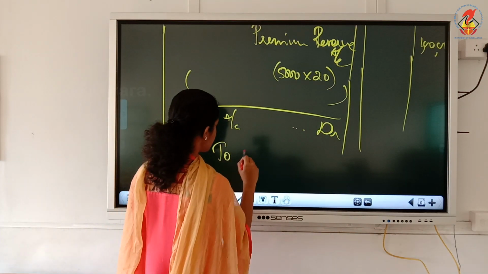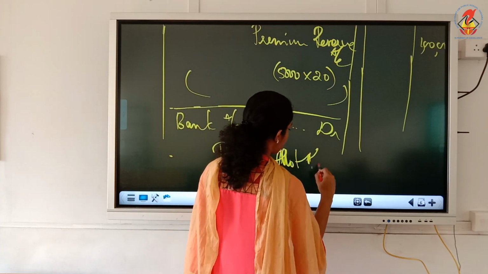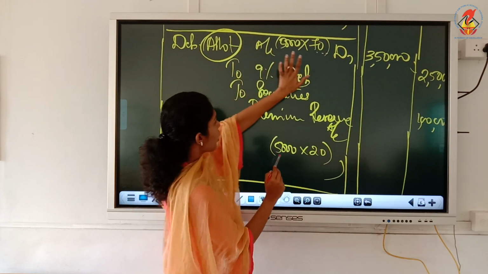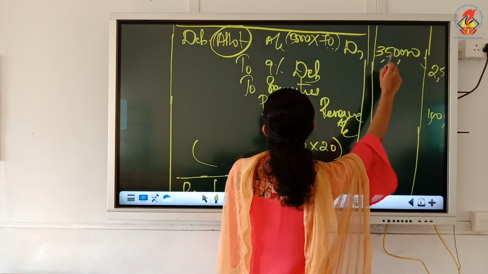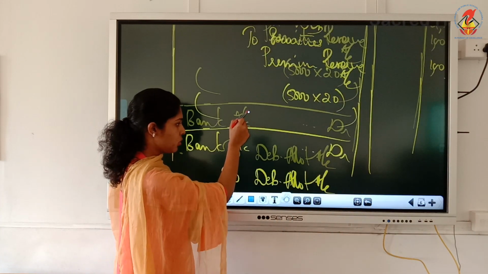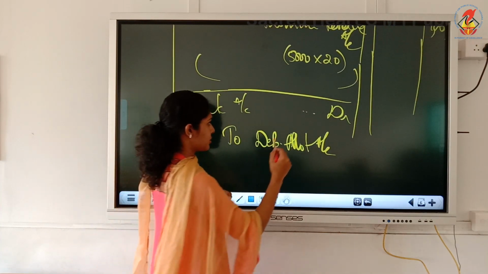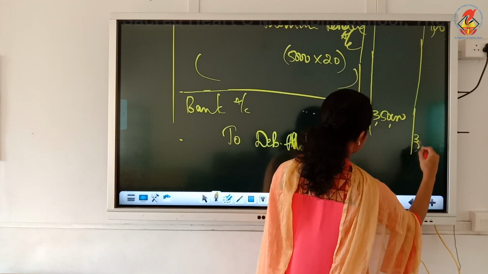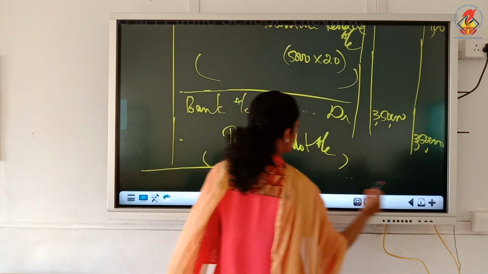Bank account debit to debenture allotment account, and debenture allotment here, the amount is 3,50,000. Did you see this amount 3,50,000 in the previous entry? We have to write the same in this entry also. If there is pro rata and all, amount will change, but now you can write the same amount, 3,50,000. Write the narration and then you can close.